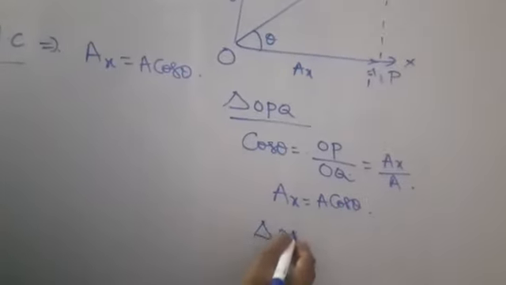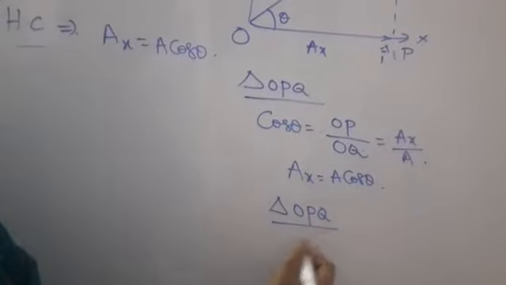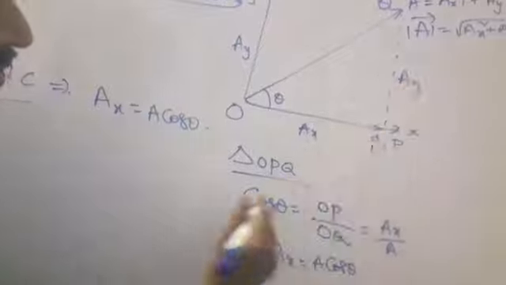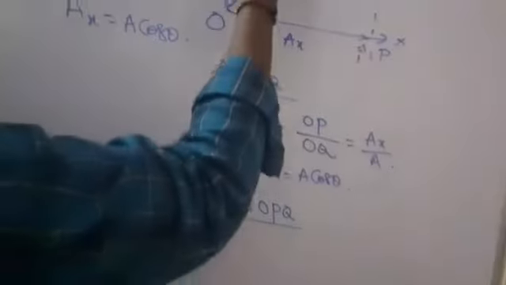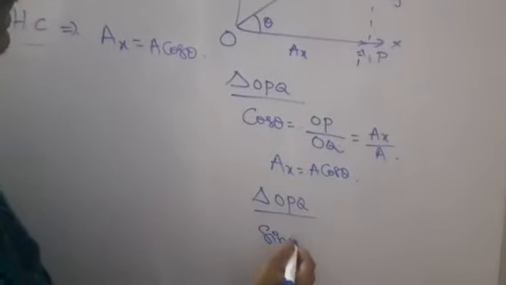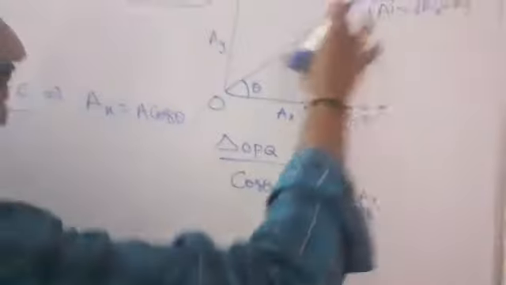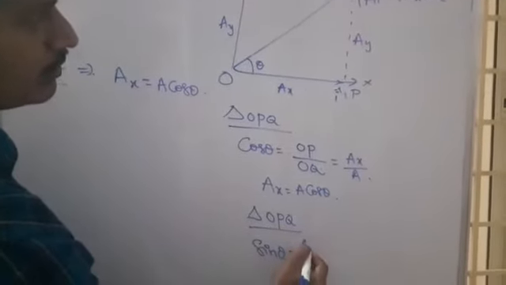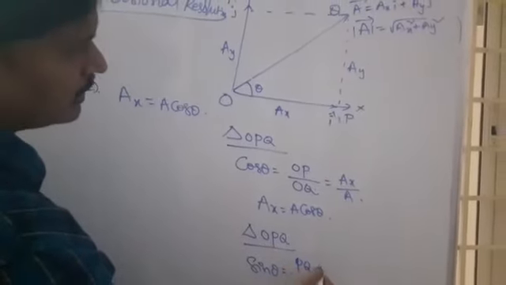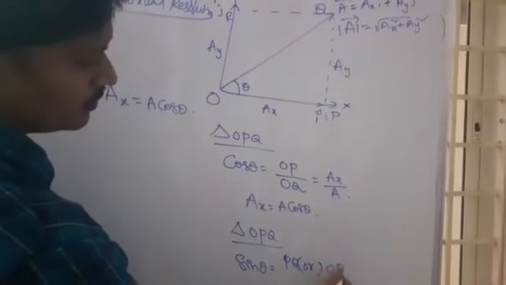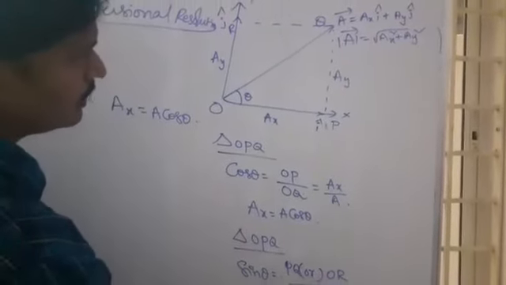Next, from the same triangle OPQ, the opposite component is Ay. Next, sin theta is equal to the opposite side by the hypotenuse, that is PQ, otherwise OR, divided by OQ.